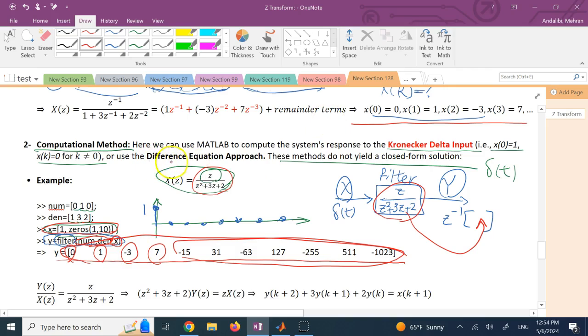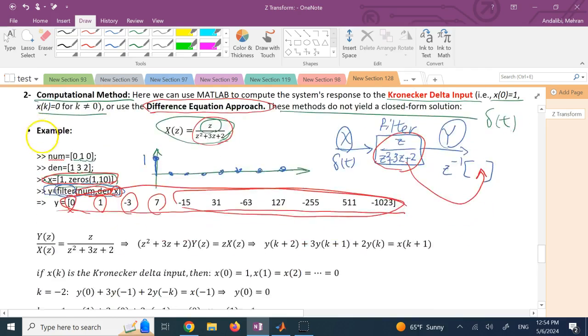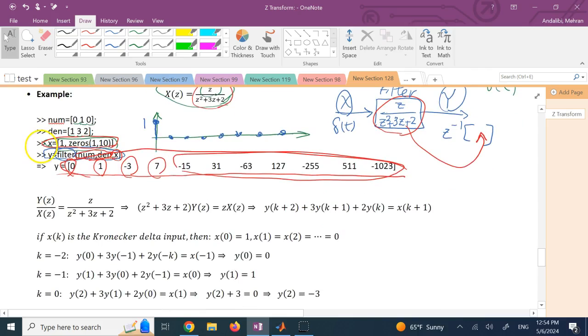Another way is to convert it into a difference equation, and using that find all of these entries. That is exactly a similar approach. So you write this as the transfer function of a system, y over x, you cross multiply, so you get z squared plus 3z plus 2 times y of z equals z times x of z.